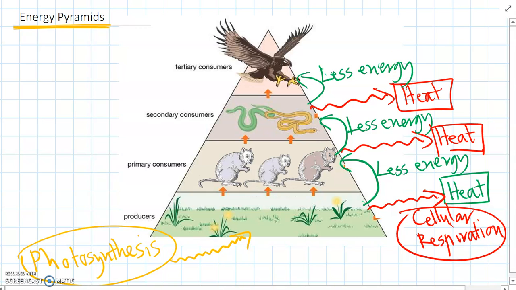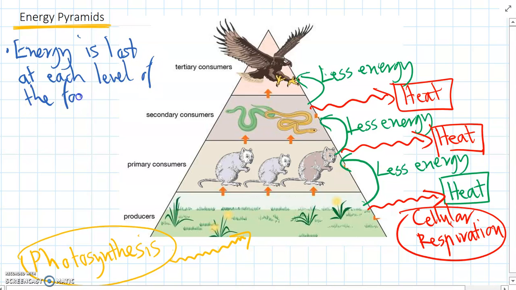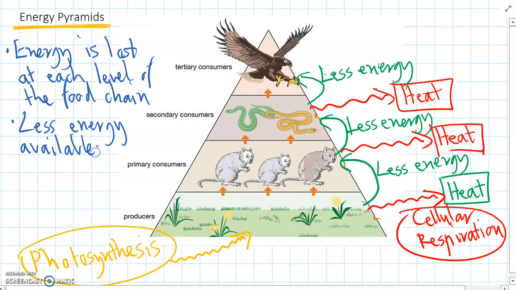So this is one of the most important concepts of ecology, the fact that because energy is lost at each level of the food chain, there's less energy available as you move higher in the food chain, which means there'll be fewer consumers as we go up each level.